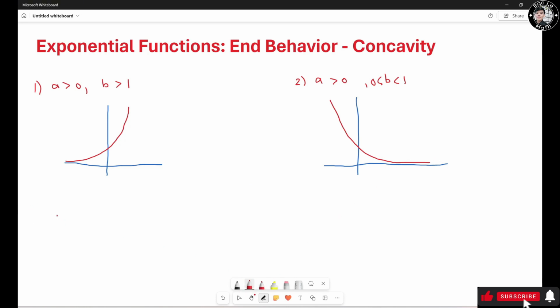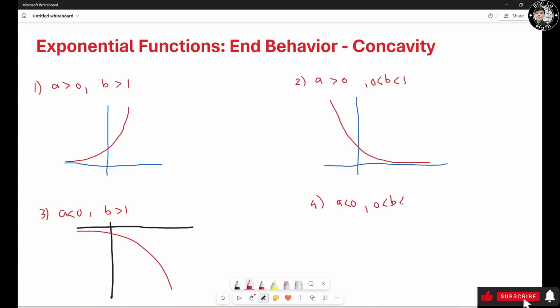Now the third case, a less than 0, b greater than 1. The function looks like this. And the last case, a less than 0, b greater than 0 and less than 1. So the function looks like this.